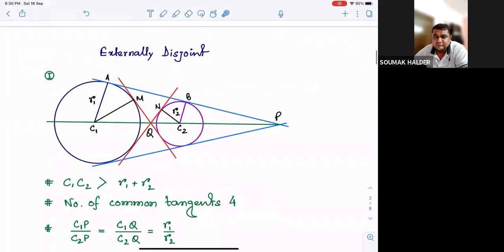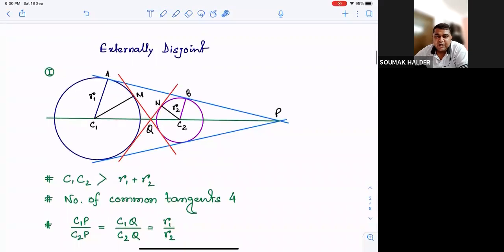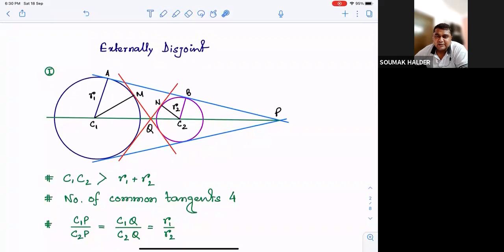Number 2, common tangents we are getting 4 for the 2 circles. There are 2 direct common tangents as well as 2 transverse common tangents. And P and Q are respectively the external and internal section point of C1, C2 in the ratio R1 is to R2.